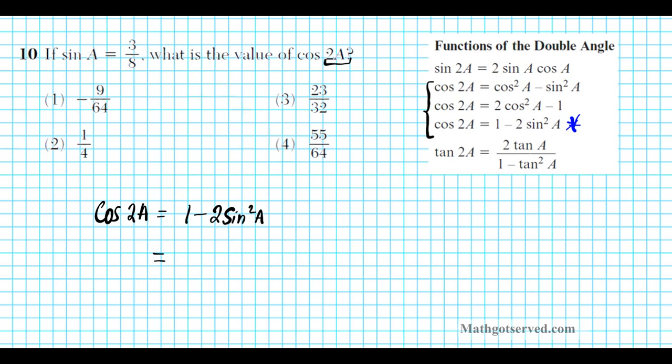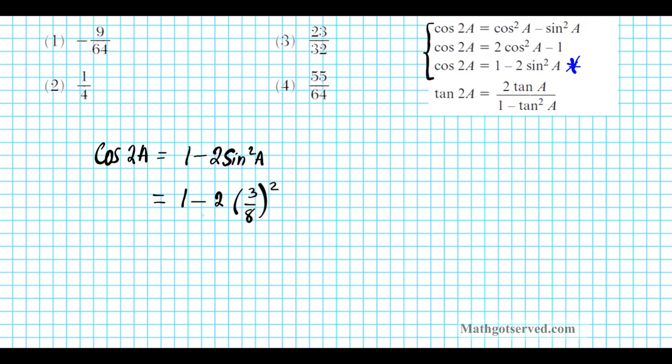Okay, so 1 minus 2, we're going to substitute the value of sine A into this formula right here. So we have (3/8) squared. Now we will just carefully apply the order of operations in simplifying this expression. So we have 1 minus 2 times... Now when you're squaring this fraction, don't forget to square both the numerator and the denominator.